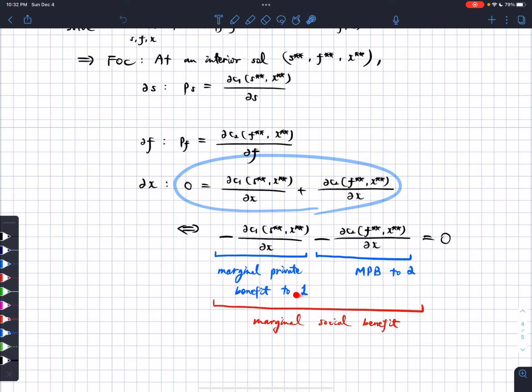I use the language firms 1 and 2 because if the two firms were separated, then this would be what would accrue to firm 1, and this is what would accrue to firm 2, right? So let me copy that.